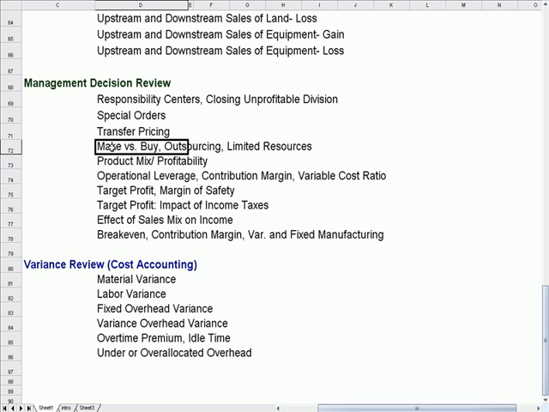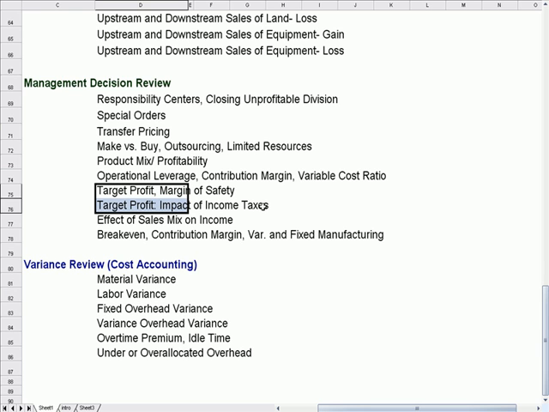Make versus buy decision, should I outsource or keep producing the product myself? How do I use limited resources if I have 2 products I'm making and I don't have enough capacity, maybe in machine hours or labor hours, to make the product? Which one do I choose? Product mix, contribution margin analysis, target profit and margin of safety.